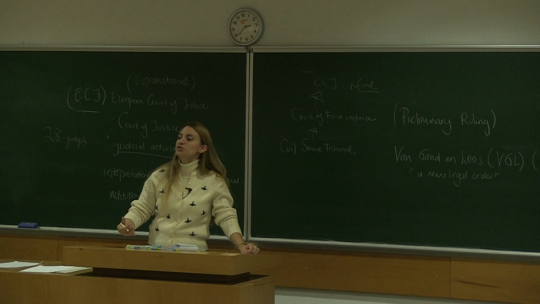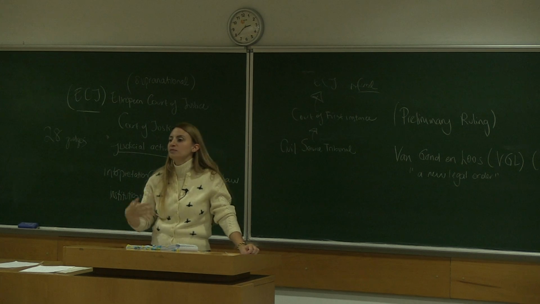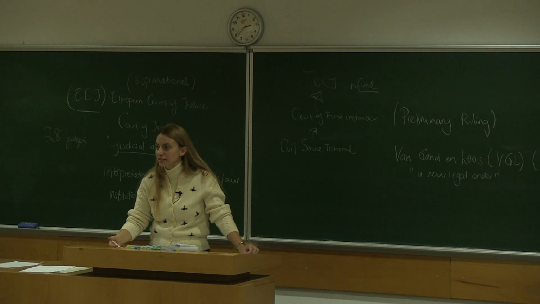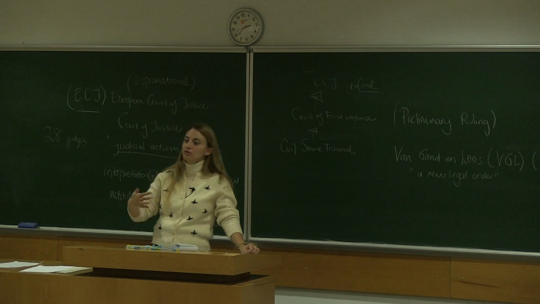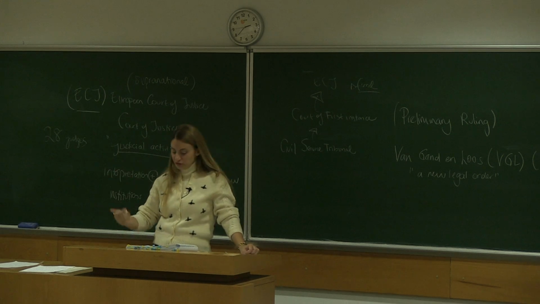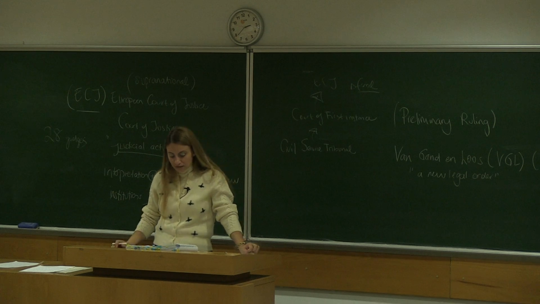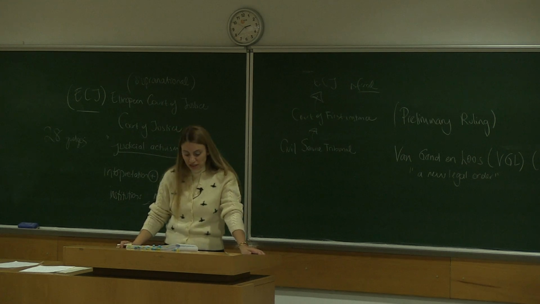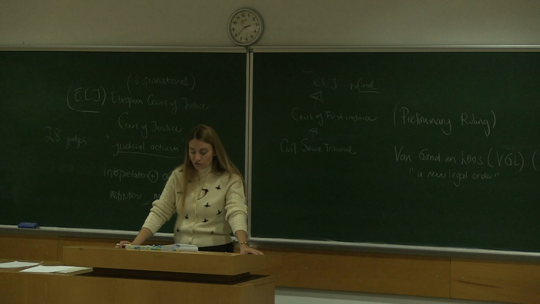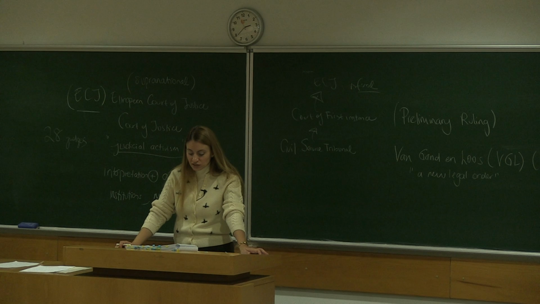With the Rome Treaty, a new legal system, a new legal order has been created. And this is called the European Communities law, or the European Communities system, basically. It says that it not only imposes obligations, but also confers rights on individuals independently of the legislation of the member states.